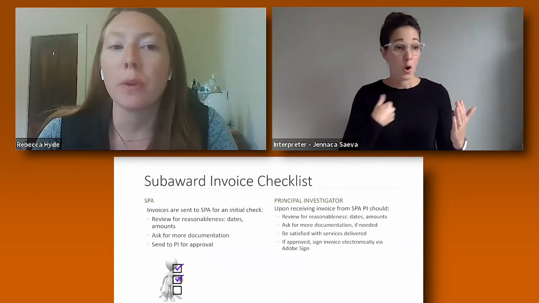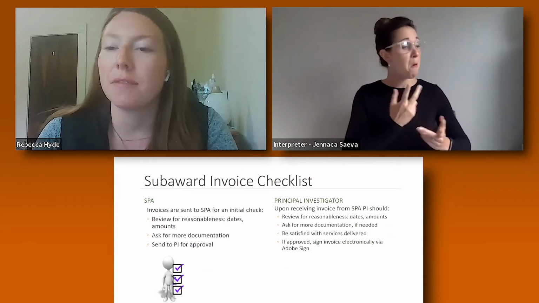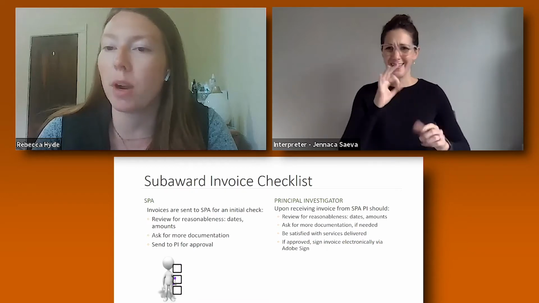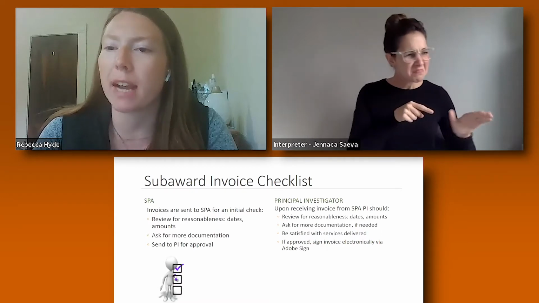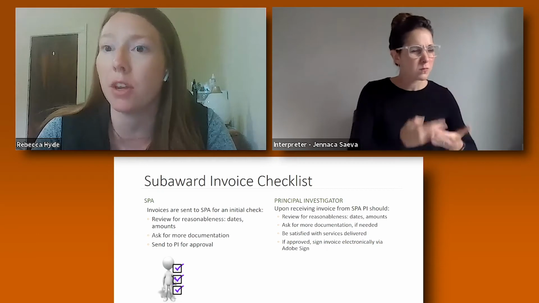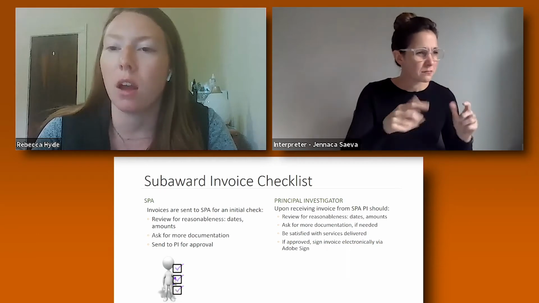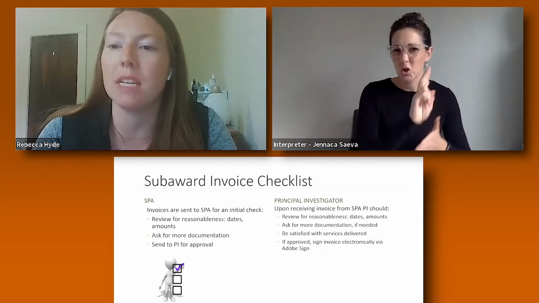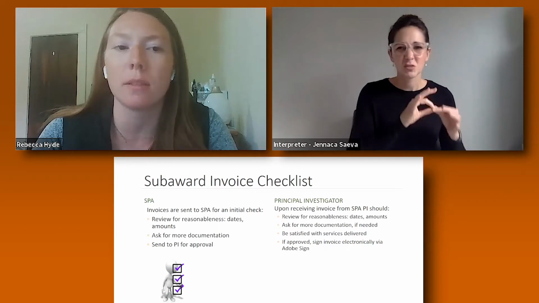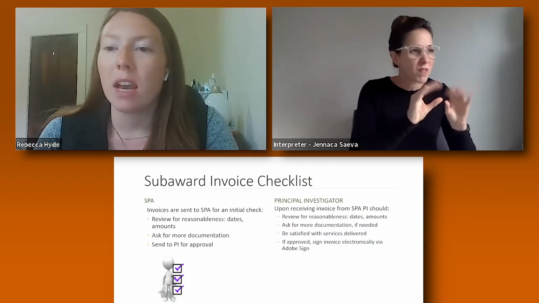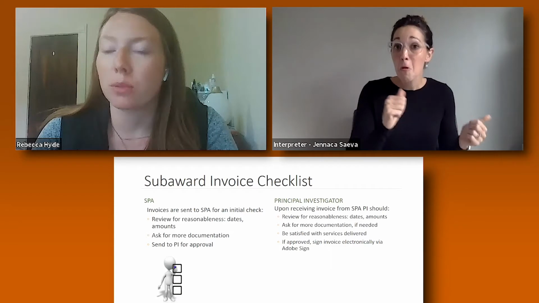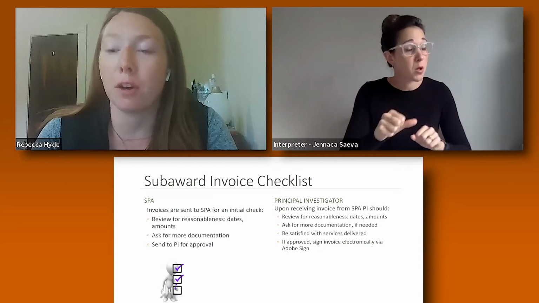We'll review that for reasonableness, and if something looks strange or out of the ordinary, we'll ask for more documentation or question the other university and ask for more in-depth details about the charges. And then if we find that everything looks reasonable, we'll send it to the PI for approval.